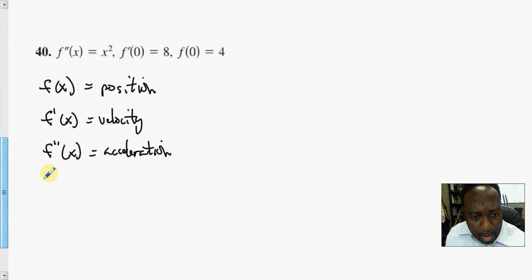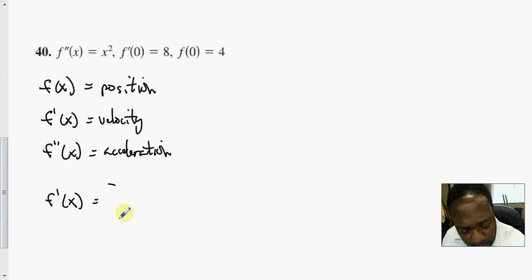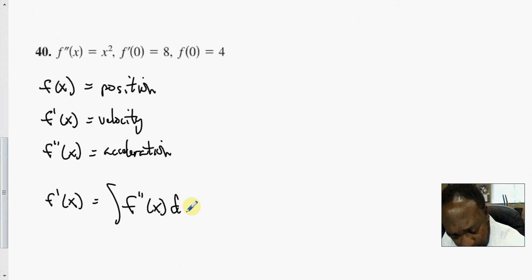So here, f prime of x, can you see the prime, is equal to the integral of f double prime of x dx.